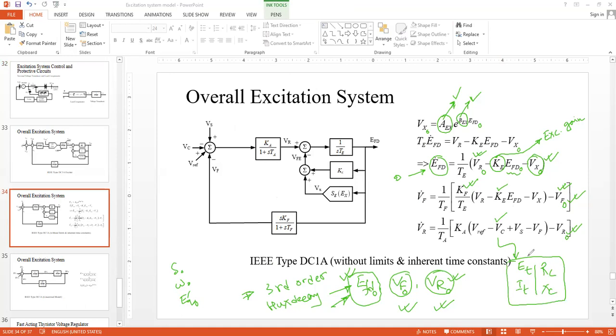VS, for the time being, consider it to be 0. These are already calculated, so you know what is your VREF. Of course, KA and TA should be available in the generator data sheet. So this is how, if required, you can model this whole system and calculate the initial values for the resulting states from this overall excitation system.